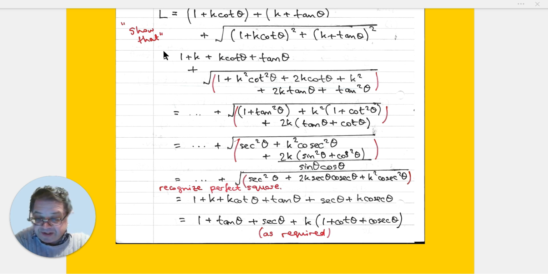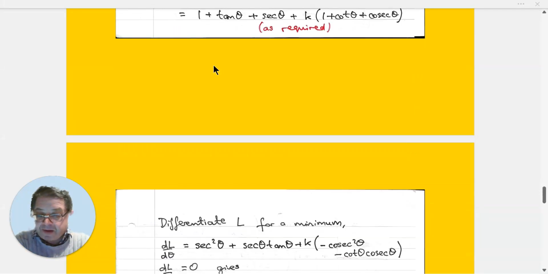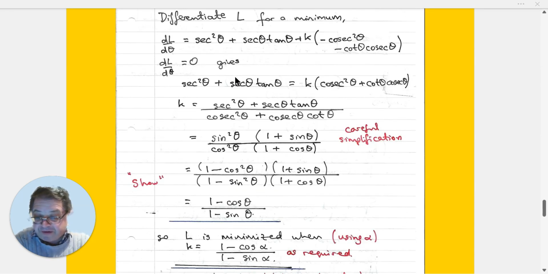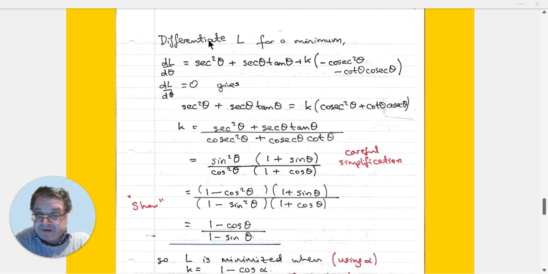We're now going to minimize this expression, and we've been asked to show that the L will be a minimum at angle alpha, where k equals 1 take cos alpha over 1 take sine alpha. So differentiating L, we get dL d theta equals sec squared theta add sec theta tan theta add k minus cosec squared theta minus cot theta cosec theta.